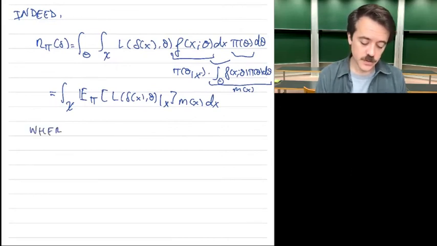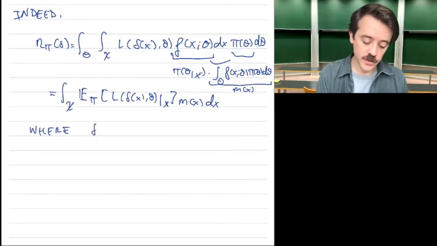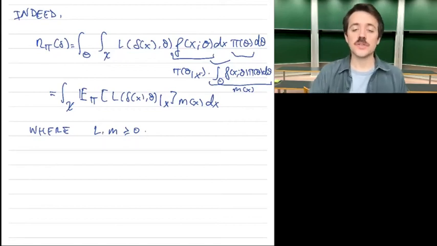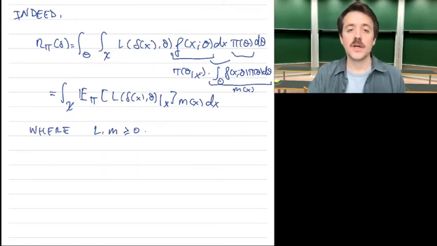So that just gives the result, where both the loss function and the m are greater than or equal to 0.